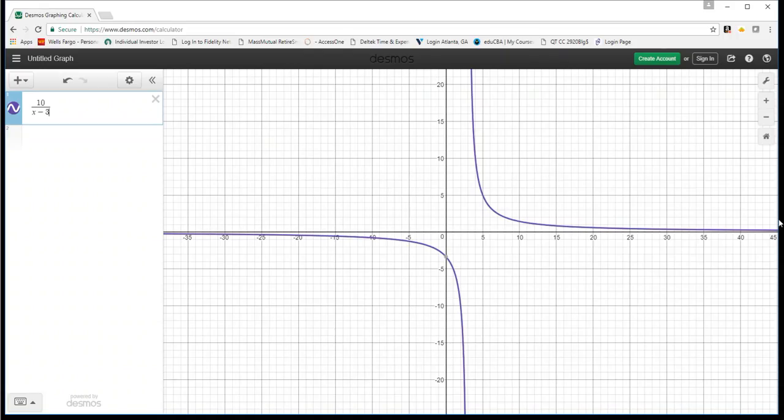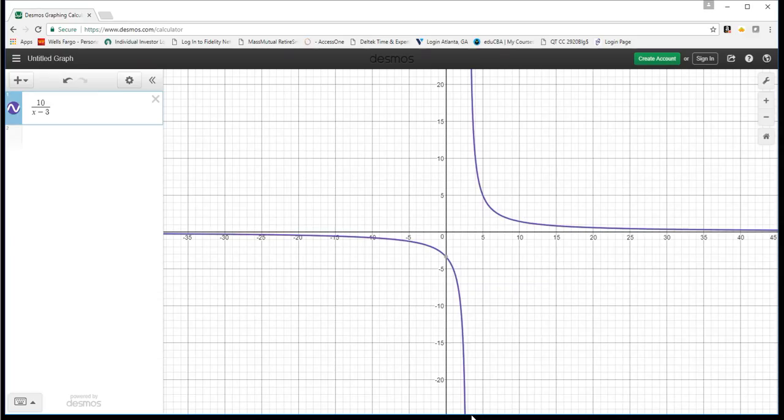And then as you get closer to positive infinity on your domain, you're actually getting smaller. So it's one of those where it's decreasing, becoming more negative in both negative infinity to 3 and then from 3 to infinity.